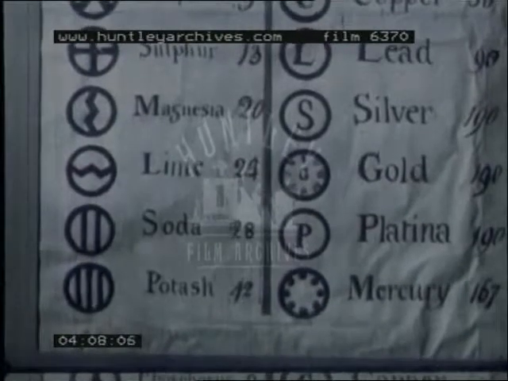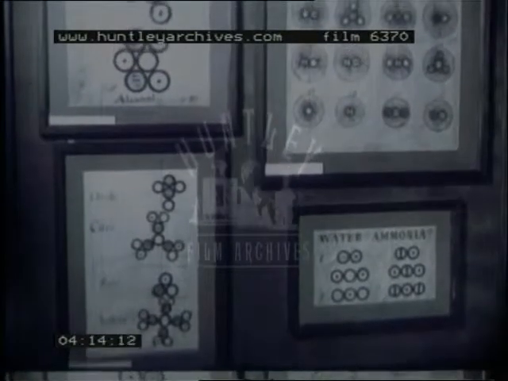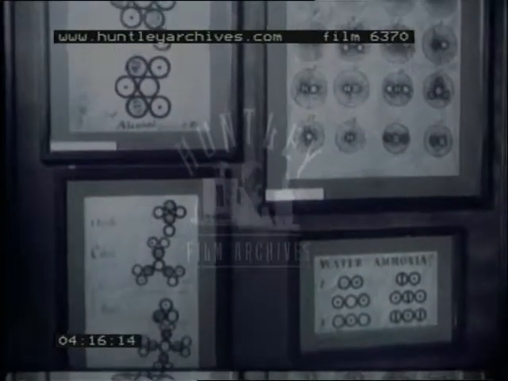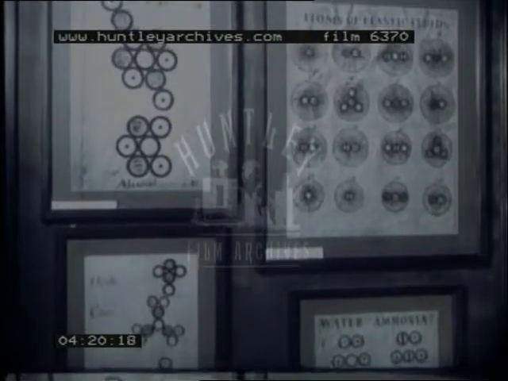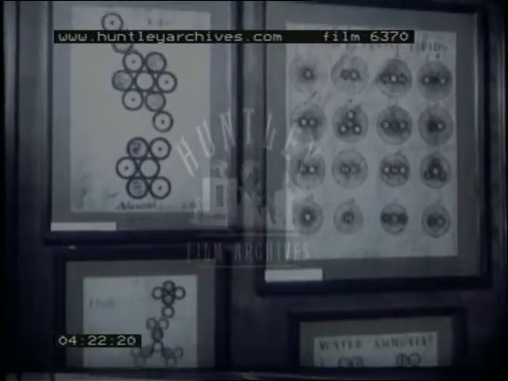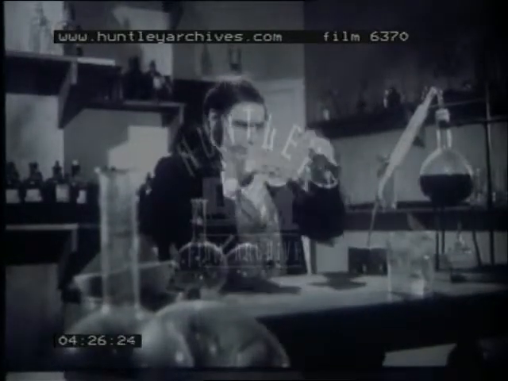He used these to show how the atoms combined to form molecules. Though some of his conclusions proved wrong, atomic theory was the foundation upon which the chemistry of the 19th century was built.